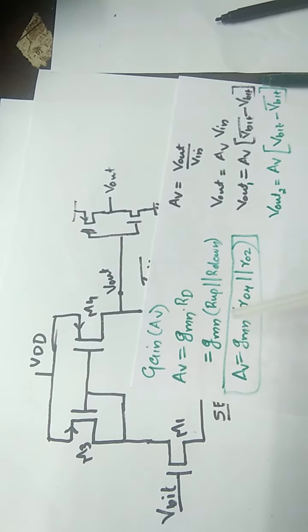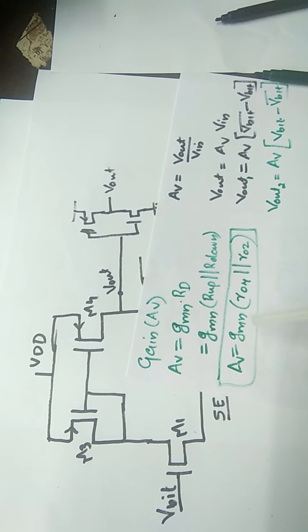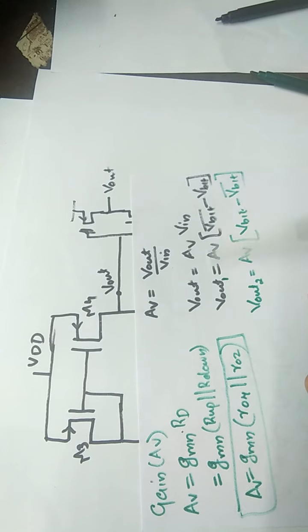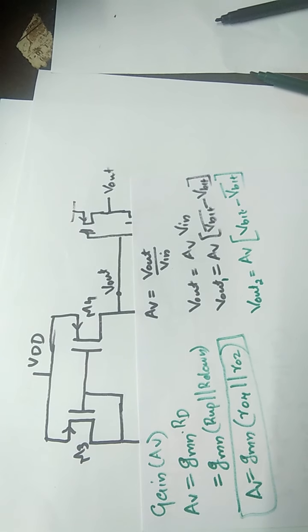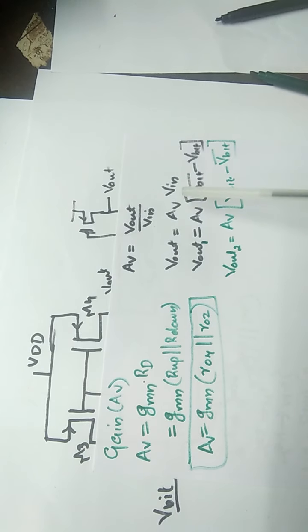So in some cases we will define the gain as AV equal to minus GMN into RO4 parallel to RO2, because it depends on which basis we have defined the input. This will be the gain of this differential pair.